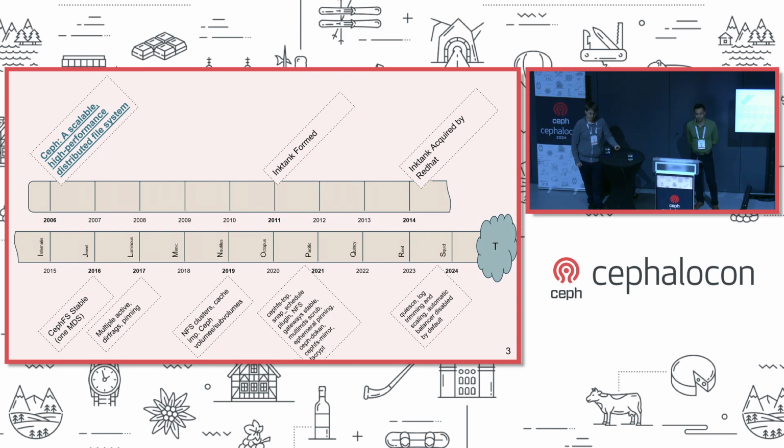Inktank had a support model for Ceph and was an open source first company for Ceph, and they did a number of things during that time, including introducing support for CephFS in the kernel and adding snapshots.